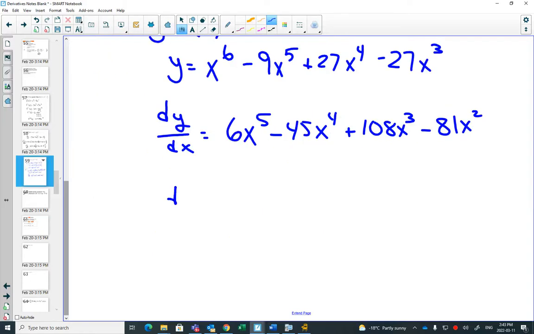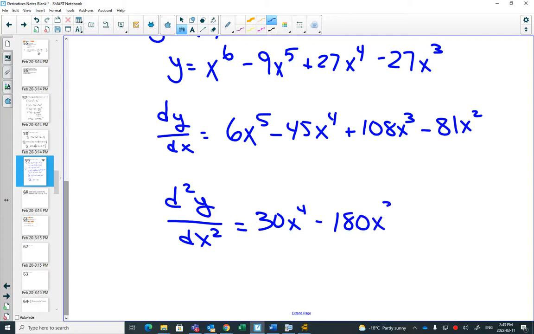And then my second derivative, 30x to the 4 minus 180x cubed plus 324x squared minus 162x.